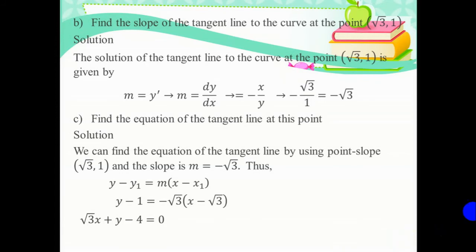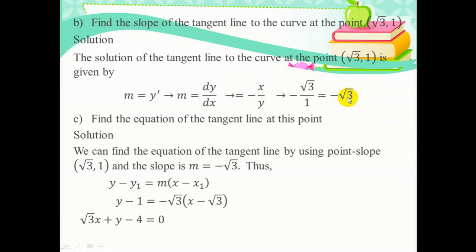So we can write it like this: slope equals dy over dx, and in the previous slide dy over dx is minus x over y. So you just need to substitute x to be square root of 3 and y to be 1. So the result will be minus square root of 3.